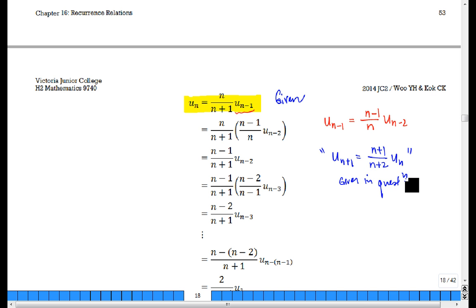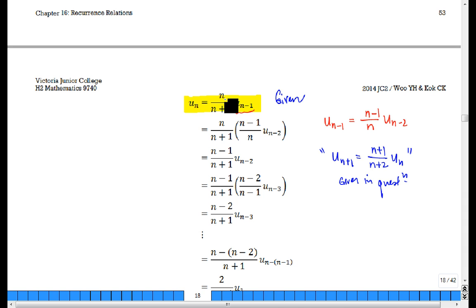Sorry, I explained the part highlighted in yellow first. If U(n+1) equals (n+1) over (n+2) times Un, what is Un? I need to replace the n with n minus 1, and I will get this part in yellow. So far, so good.